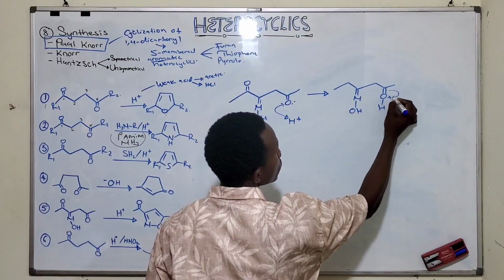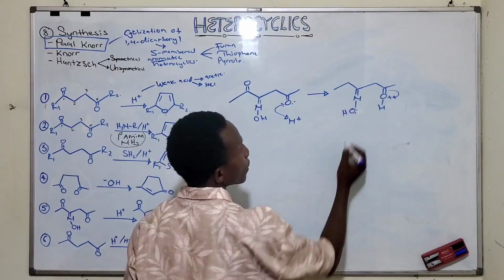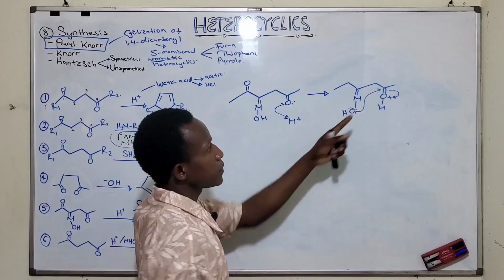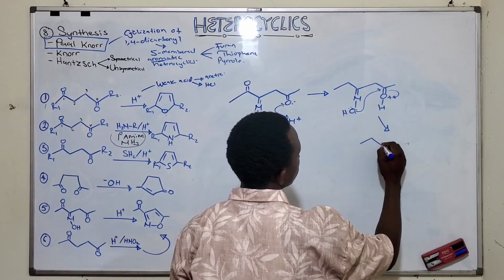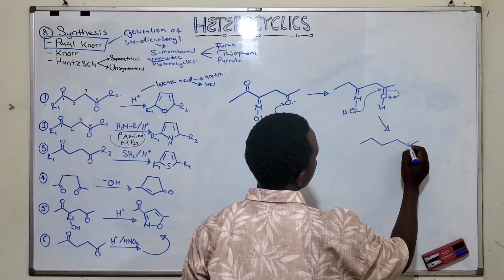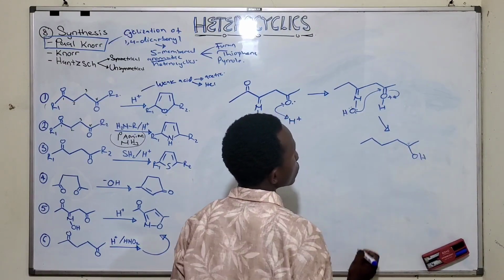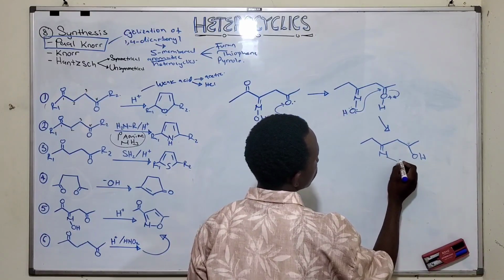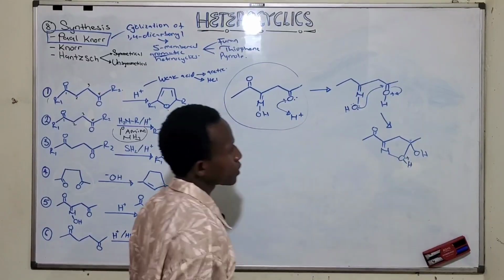As this one pulls electrons to stabilize, remember this oxygen also has lone pairs of electrons to attack the carbocation formed. So we shall form this. This one will now be OH group. Then you're having N with oxygen, and it has formed a proton.